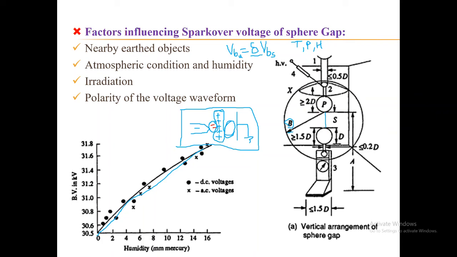In case of the uniform field gap, the positive breakdown voltage value and negative breakdown voltage value remain the same. But in case of the non-uniform field gap conditions, when we change the polarity, we observe that the negative breakdown voltage value becomes higher than the positive breakdown voltage value. So the reason is the space charge behavior.